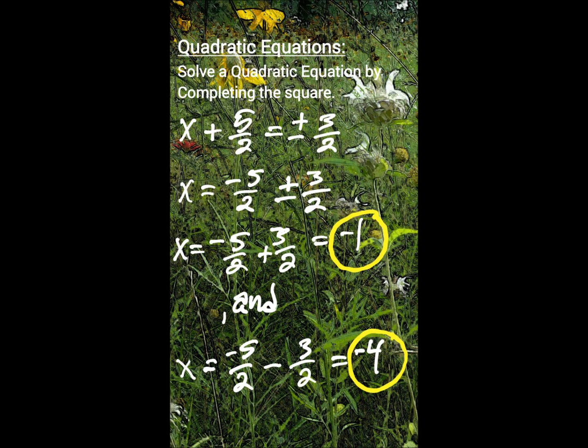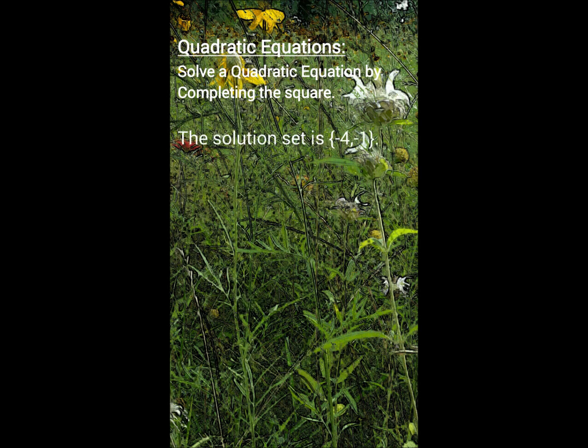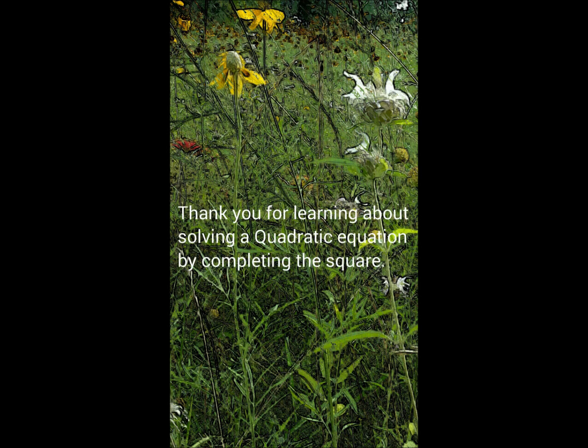At this point, we'll break the equation into two, where we have x equals negative 5 over 2 plus 3 halves, which equals negative 1, or x equals negative 5 over 2 minus 3 halves, which equals negative 4. And we have completed the square with the solution set, negative 4 and negative 1.